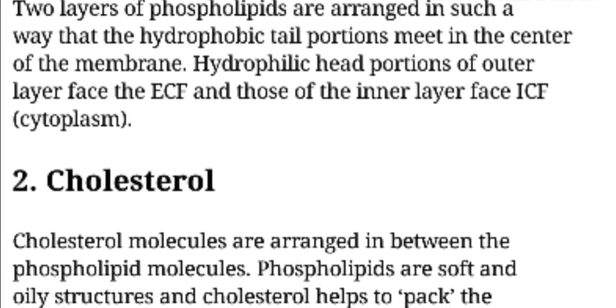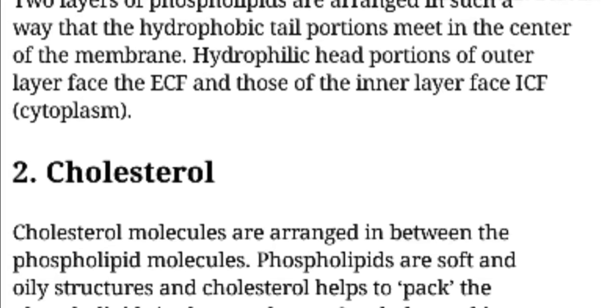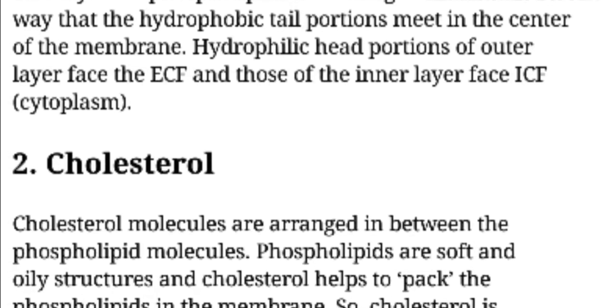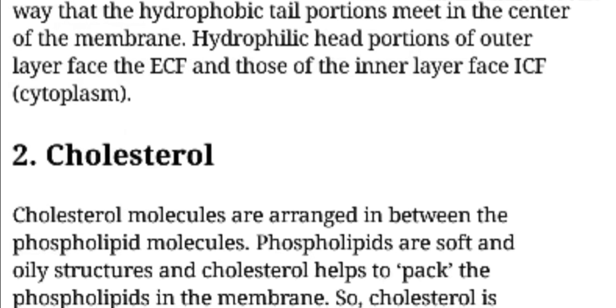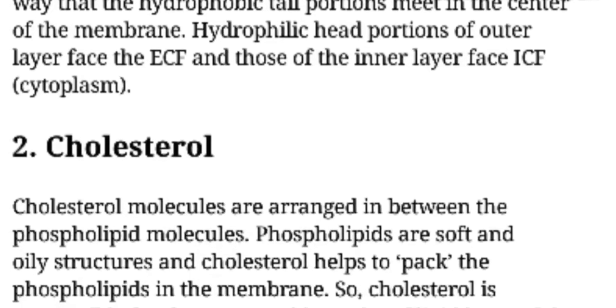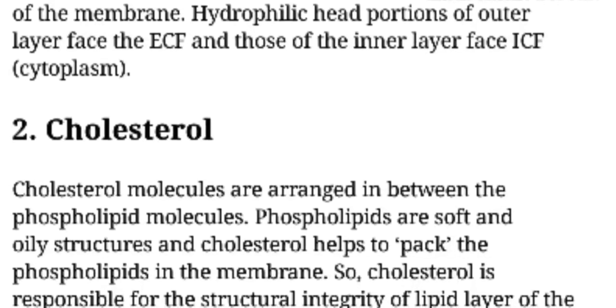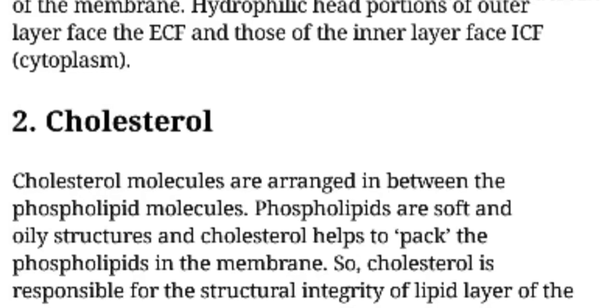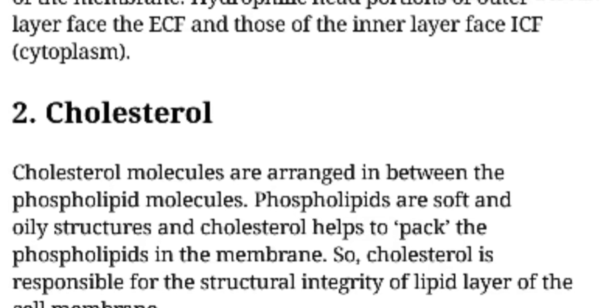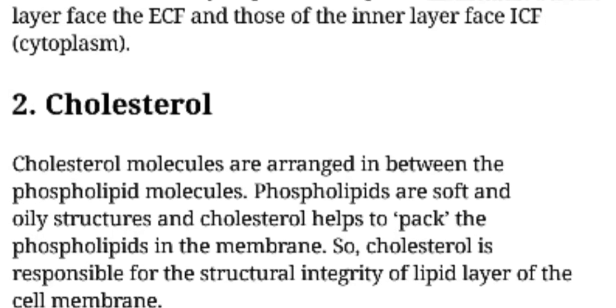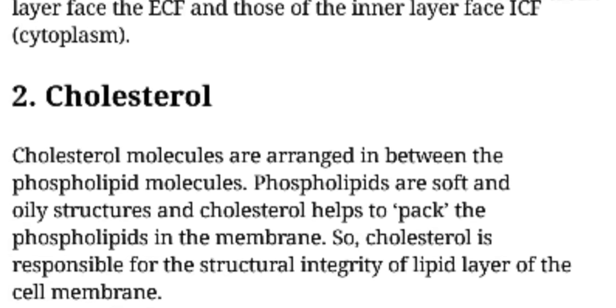2. Cholesterol. Cholesterol molecules are arranged in between the phospholipid molecules. Phospholipids are soft and oily structures and cholesterol helps to pack the phospholipids in the membrane. So, cholesterol is responsible for the structural integrity of lipid layer of the cell membrane. Functions of lipid layer in cell membrane.